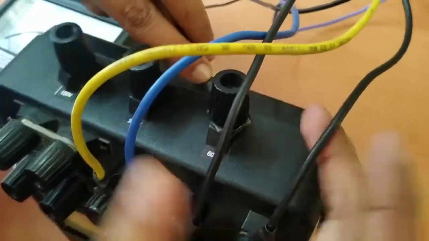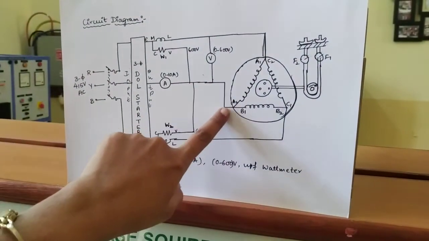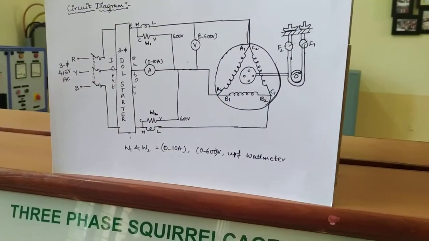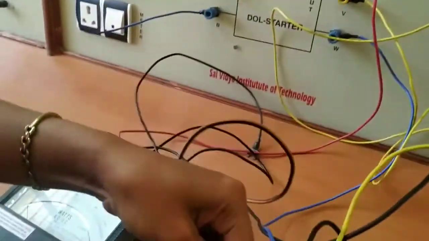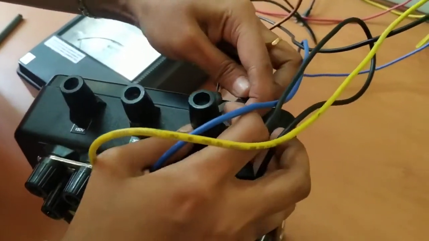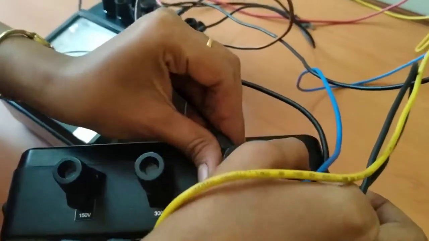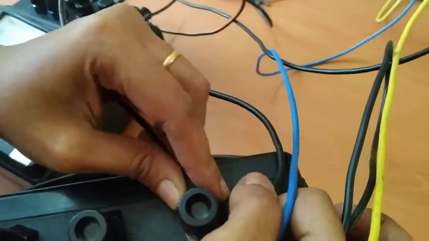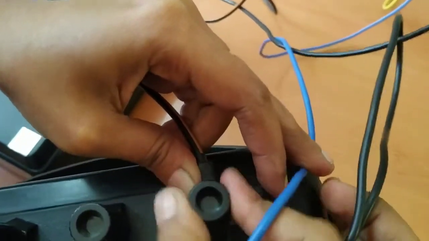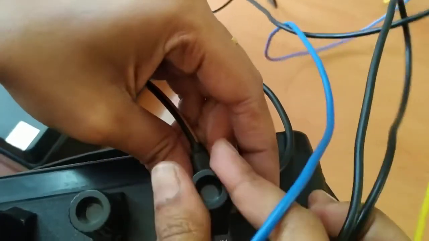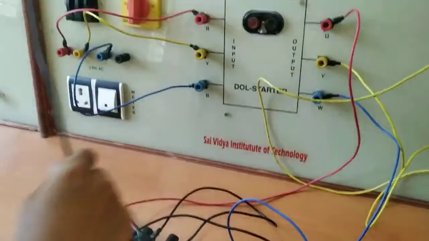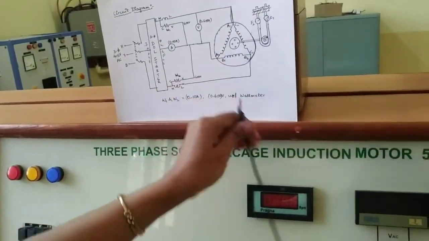And one more correction: this 600 should also be connected back to A2 and B1. So you can take one more bar which should be connected to this slot, so that it is connected back to A2 and B1.